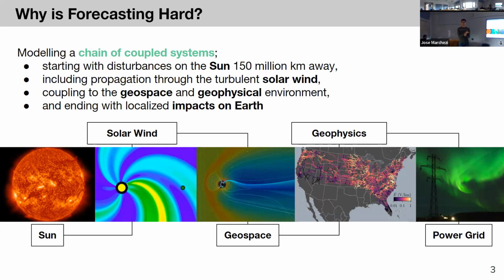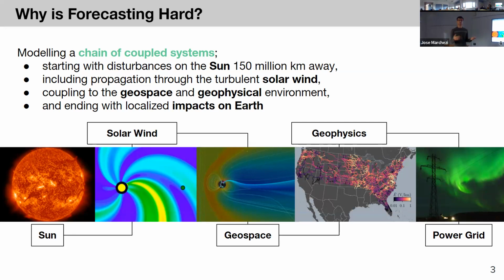You have the sun, you have to model all of the complicated phenomena that go on in the solar atmosphere and external heliosphere. That includes the turbulent and chaotic solar wind. That includes the geospace environment. That includes the geophysical environment, the interaction of all these phenomena with the conductive Earth.